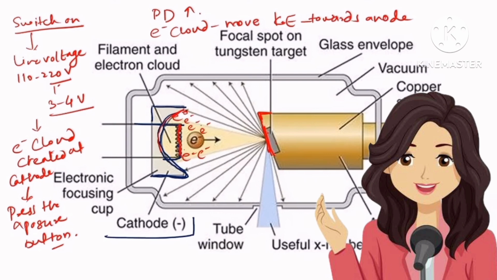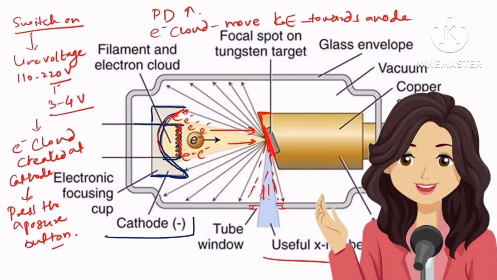Now you press the exposure button, electrons will move with higher speed, hit the tungsten target, and then we get the X-rays, or X-ray photons, created over here, which will come out of this window of the tube head. And useful X-ray beams come out of it. This is the summarized procedure for X-ray production.